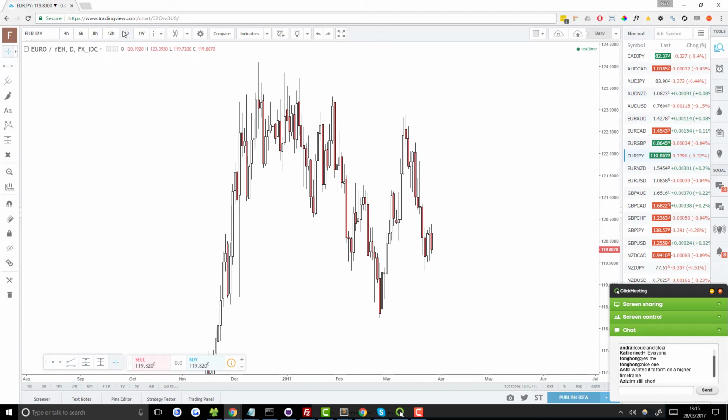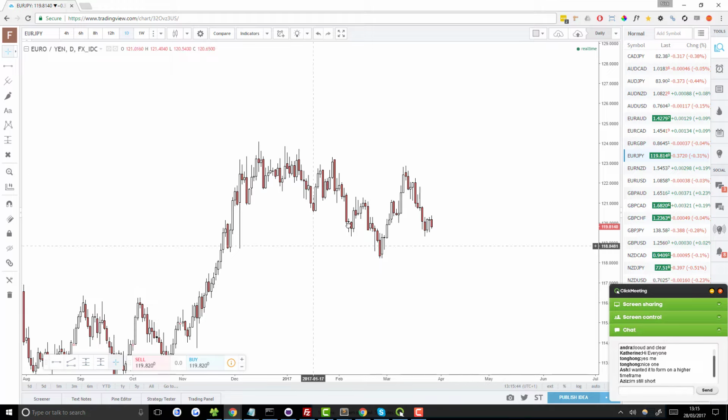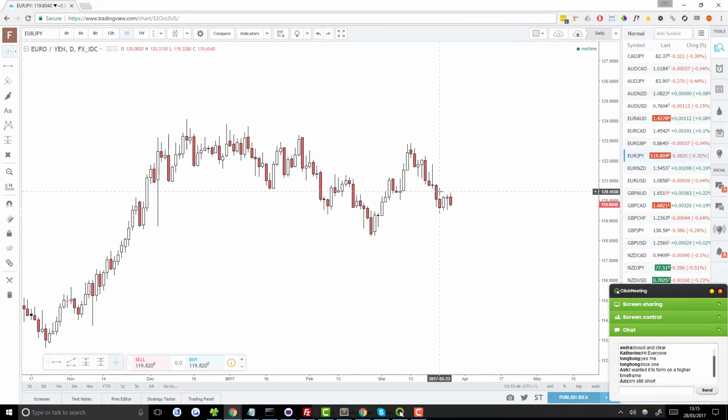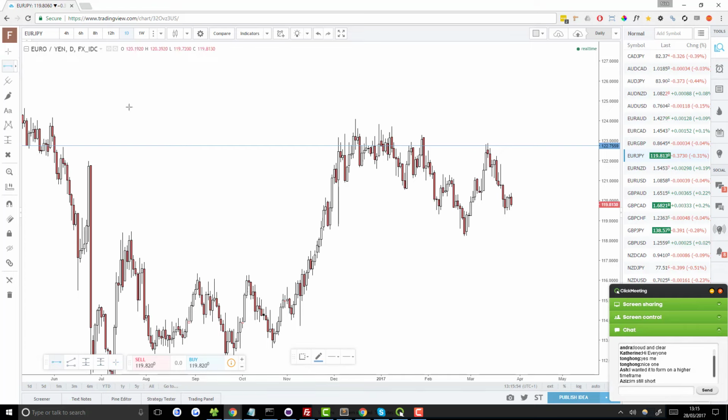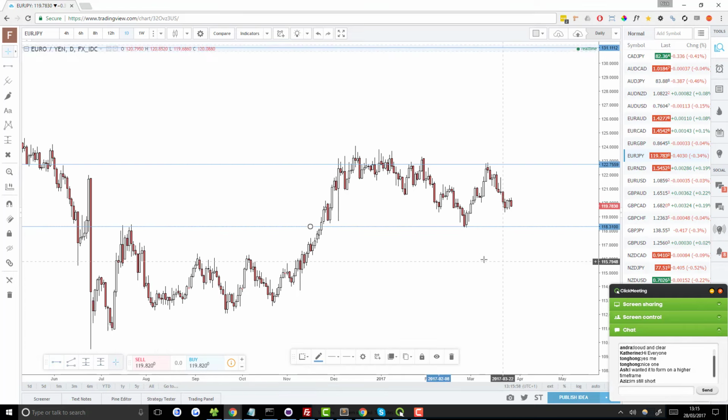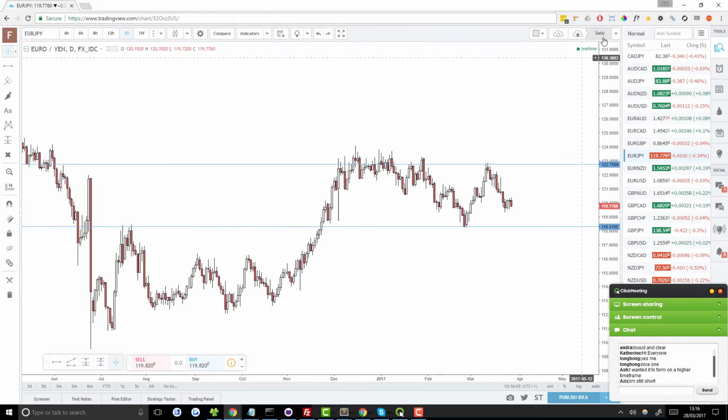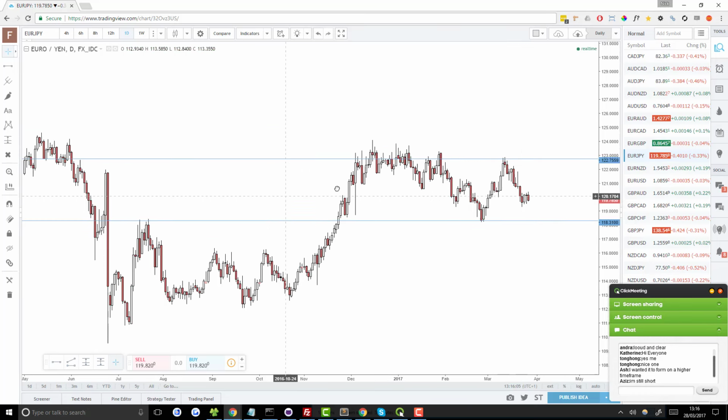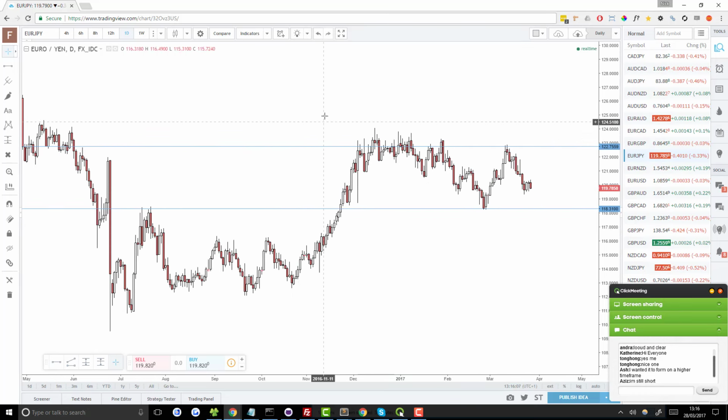EURUSD also. I was showing some examples to some people, so that's why a lot of my support resistance areas are missing. I forgot to replace them. I should have done it on a different profile. That way I saved my original profile. But I've been needing to update my support resistance areas anyway.